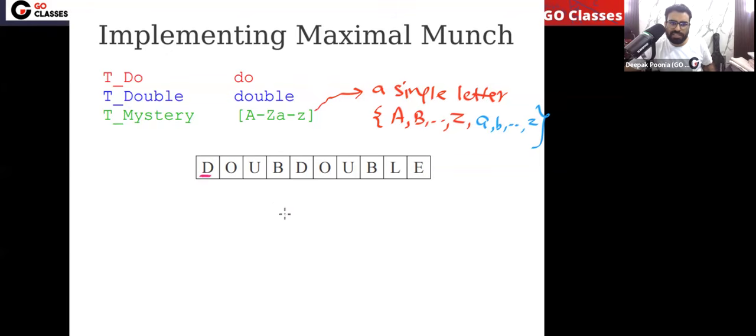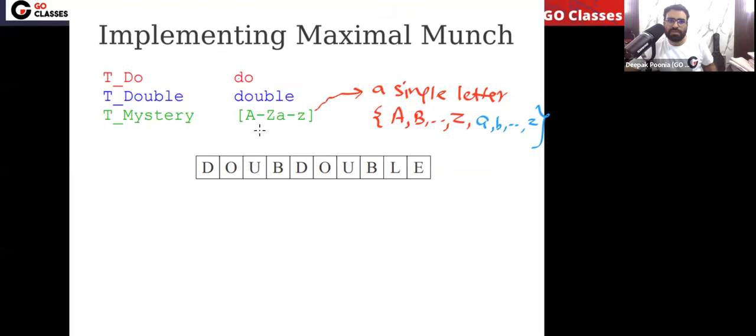So when you read this D, who is in the race? Tell me, who is in the race when you read this D? For a moment, assume that this is capital DO and this is capital DOUBLE. Is this clear?